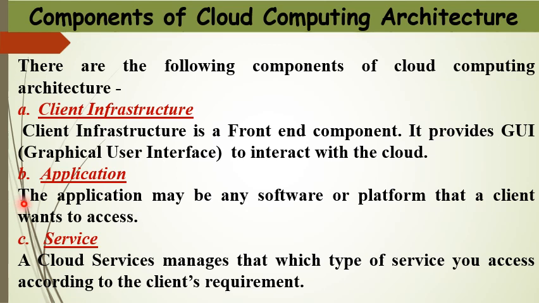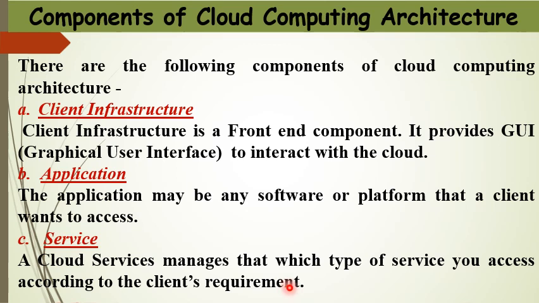Application may be any software or platform that a client wants to access. That is simply what application is as a component. We also have service, and service manages which type of service you access according to the client's requirement.